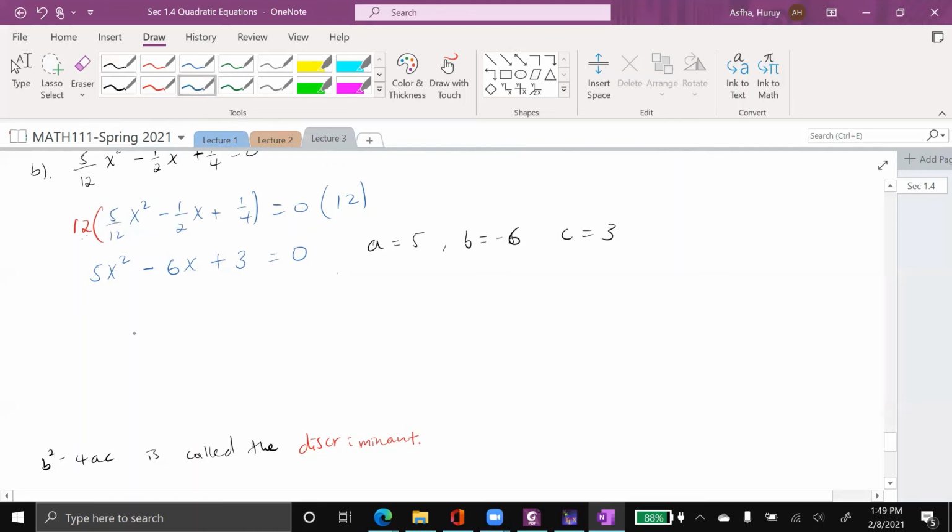Therefore, we have x equals negative b, which is negative of negative 6, plus or minus the square root of negative 6 squared minus 4 times a, which is 5, and c, which is 3, over 2 times 5.